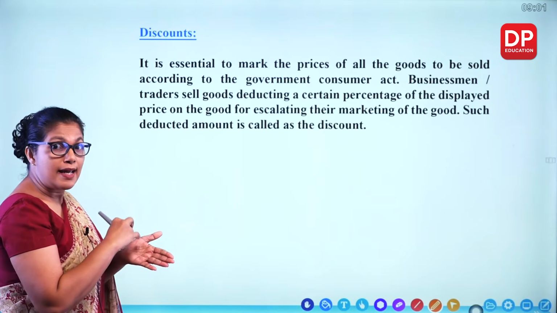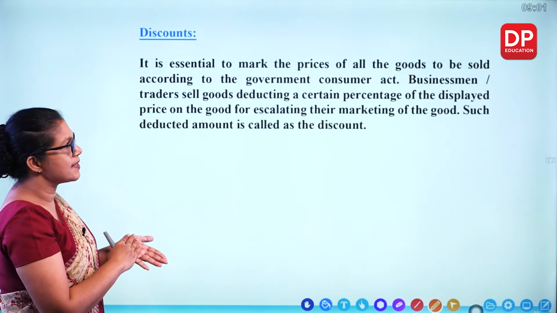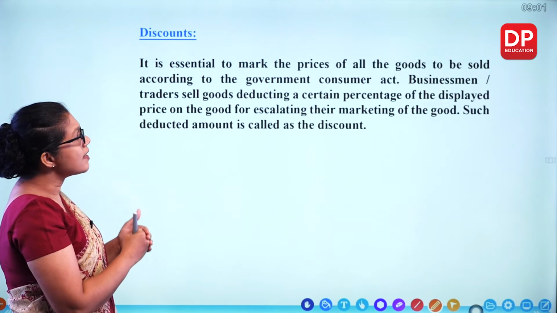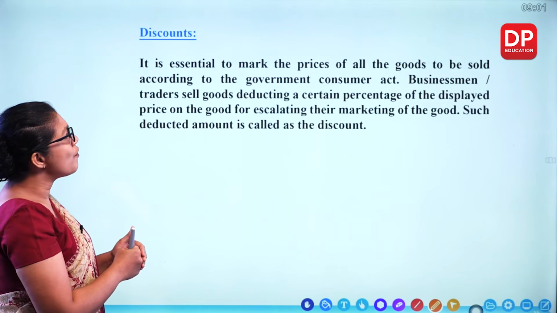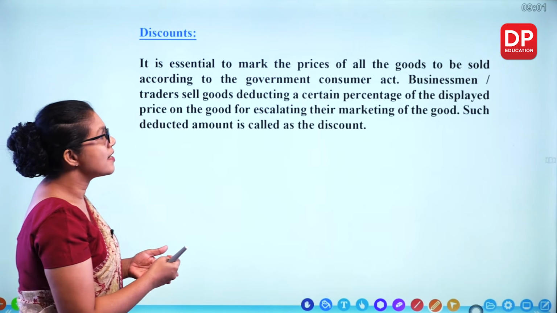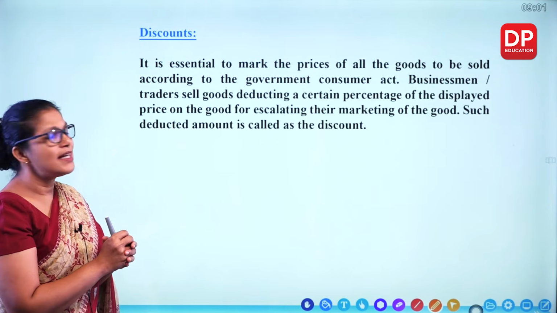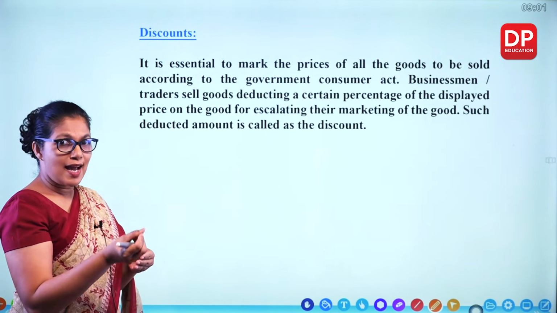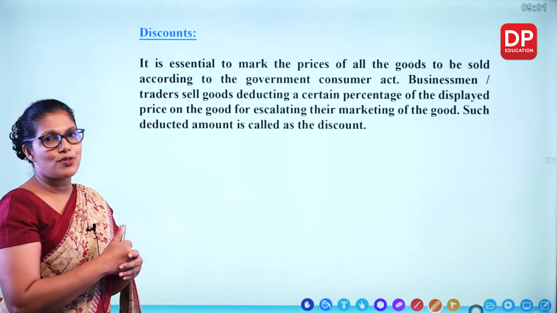So in each and every brand we see the price. That's called the marked price. Businessmen and traders sell goods deducting a certain percentage of the displayed price on the good for escalating their marketing of the good. Such deducted amount is called the discount. So you are getting at a price less than the marked price with this discount.